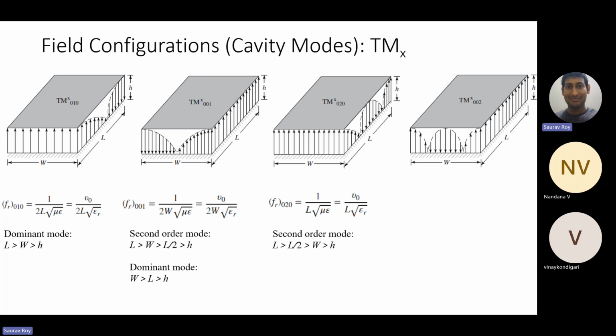Generally we provide some kind of excitation, and we generally use a coaxial cable to excite our antenna.